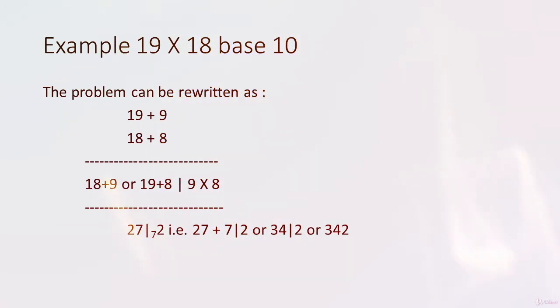We will do cross addition to get the left hand side portion of our answer. The left hand side portion will be either 19 plus 8 or 18 plus 9. Both will give us the same answer, that is 27.